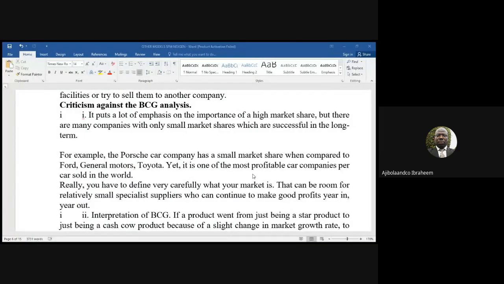Then you create another column for the comparative years in percentage. Then for each of the products and their periods, you invert them. Then the one below is the share of that particular product over the total sales in that industry at that particular time, then multiply by 100.